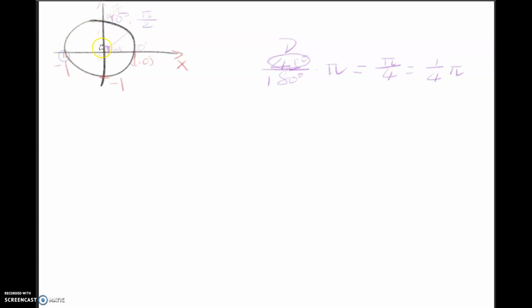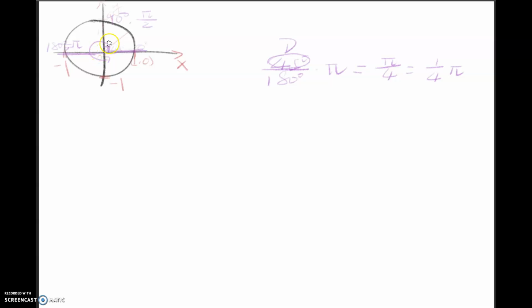On the left, remember we are going counterclockwise. So from our starting point to the left, this is 180 degrees. 180 degrees is 1 pi because your angle divided by 180 is 1, and it's just pi. So 180 degrees is the same thing as pi.